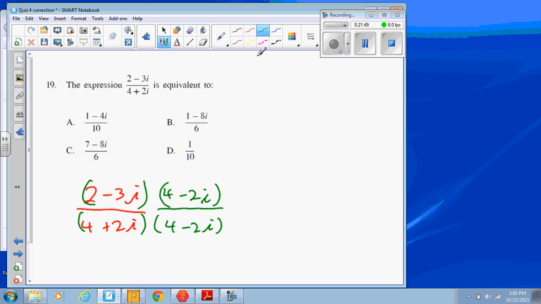So now, when I do the FOIL, what I like to do when I have a lot of problems like this, a lot of applications to do, is this. I do 2 times 4 on the numerator up here, that's going to be 8.